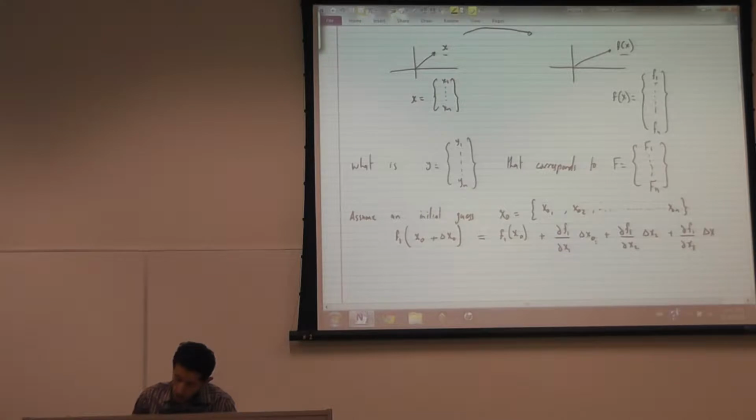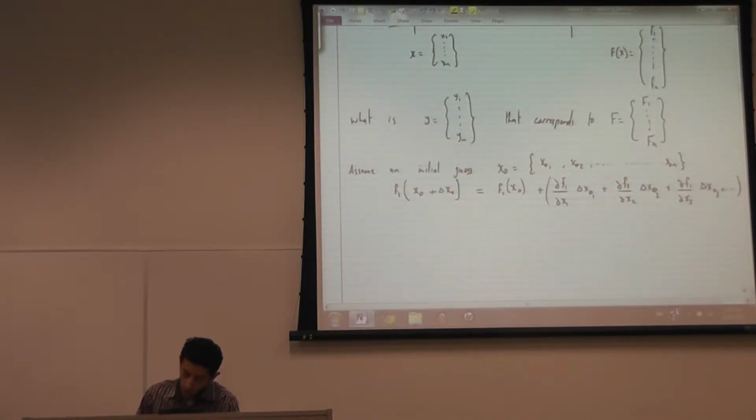So this delta x01, delta x02, delta x03, and so on. f2 of x naught plus delta x naught. The second component of f is equal to f2 of x naught plus partial f2 partial x1 delta x naught 1 plus partial f2 partial x2 delta x naught 2 plus and so on.